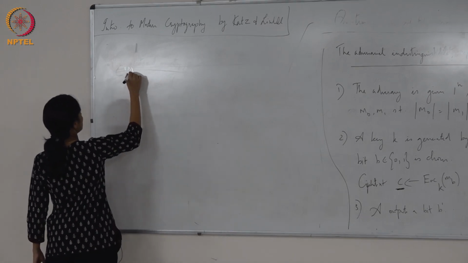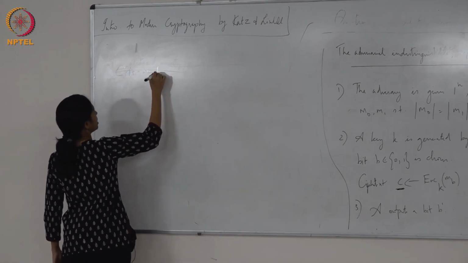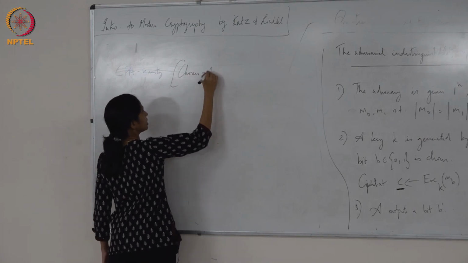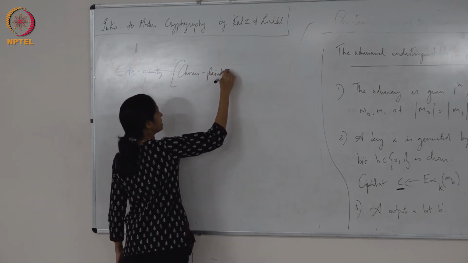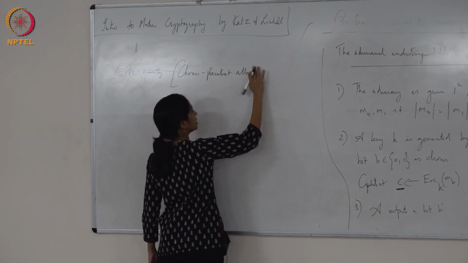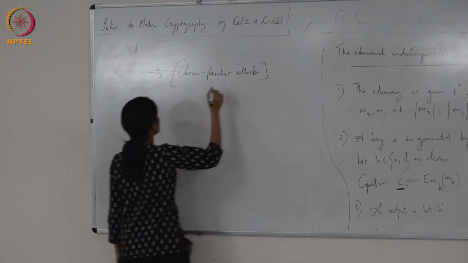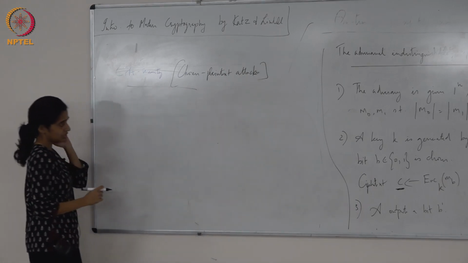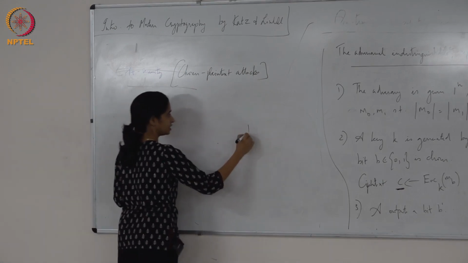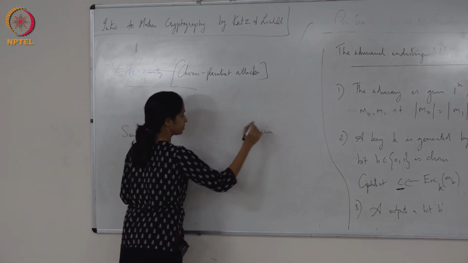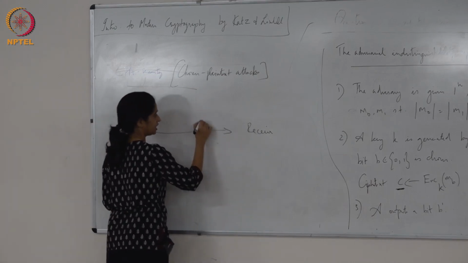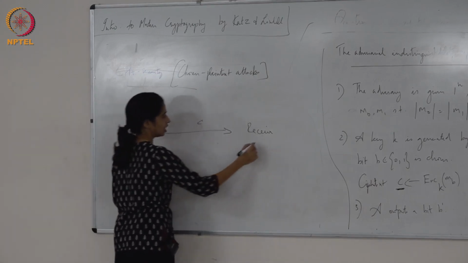Right, so CPA security, where CPA stands for chosen plaintext attacks, is the following setting. Here again we have a sender and a receiver, and the sender sends some ciphertext C to the receiver.